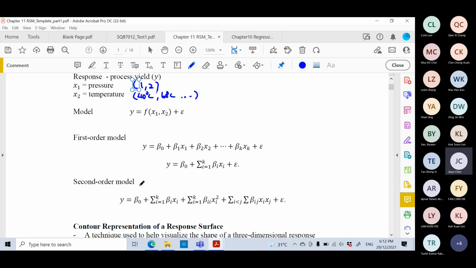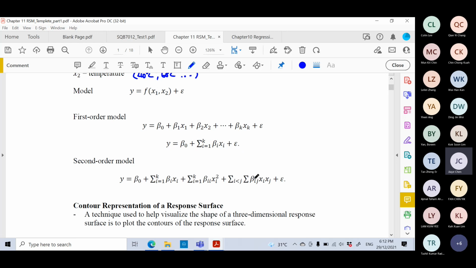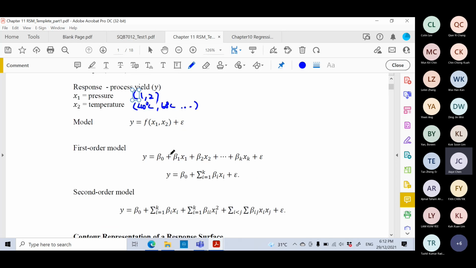So if we consider a full model, then we list down all the possible cases you have. Okay. So this is the model we are going to do. This is similar to what I discussed with you in the regression modeling part.